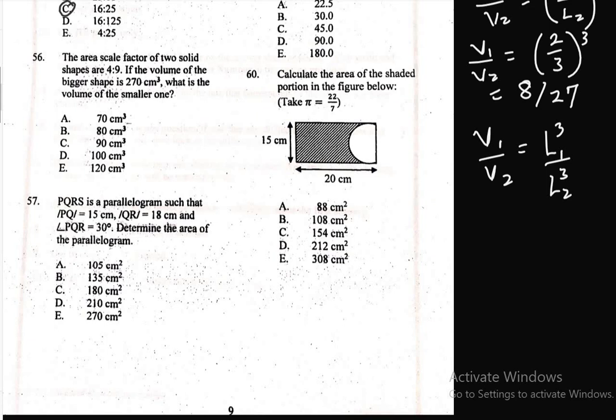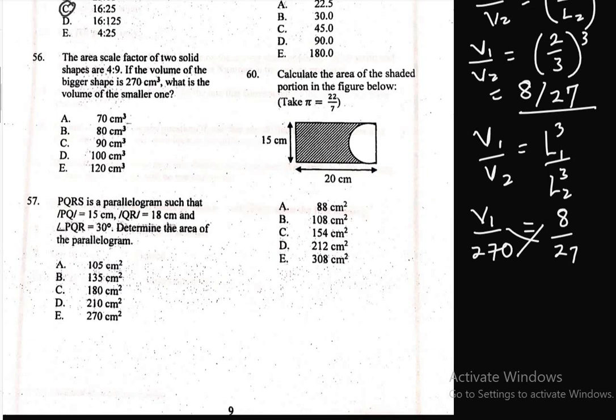V1 is what we are looking for, but we know that V2 is 270. Linear 1 is 8, linear 2 is 27 from what we did here. So we can just cross multiply and get the volume 1.